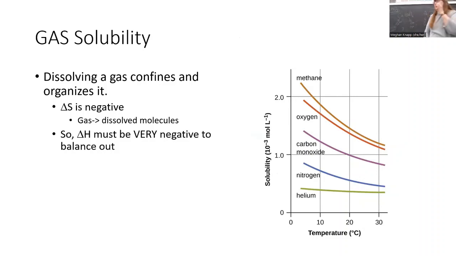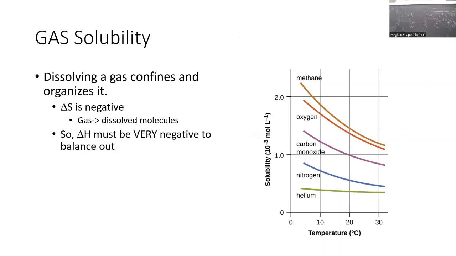Okay, I forgot this slide came first, so let's talk about this. So dissolving a gas confines and organizes it. Okay, so delta S is negative. So we're going from a gas, which is willy-nilly anywhere, to dissolved molecules. That's our change, and that makes the delta S negative.